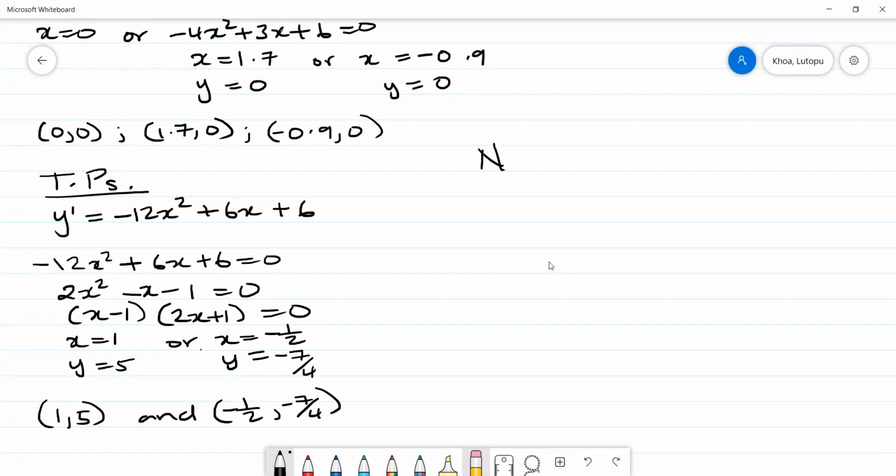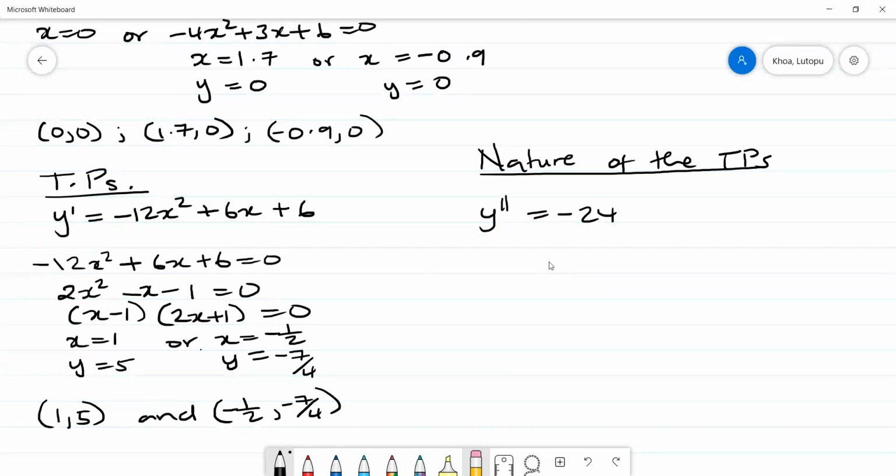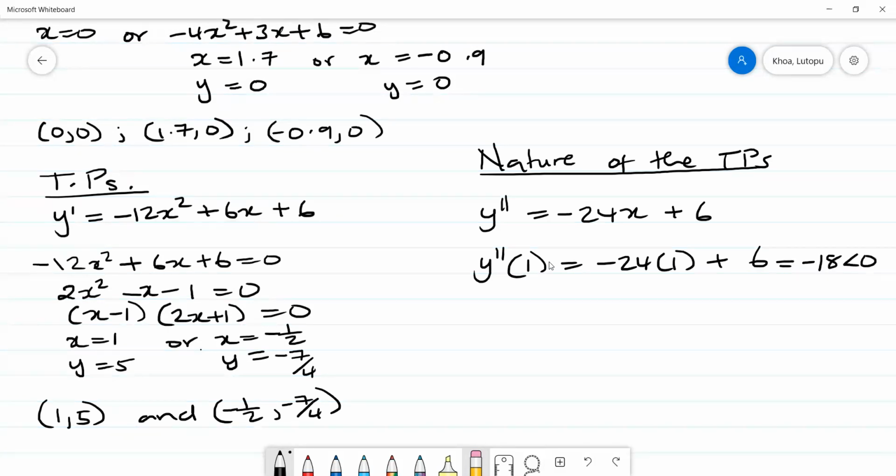Okay, then the last thing before we sketch is the nature of the turning points. So find our second derivative, minus 24x plus 6, and then we substitute. I put 1 here, I have minus 24 times 1 plus 6. This is equal to negative 18. This is less than 0. This means we have a maximum.